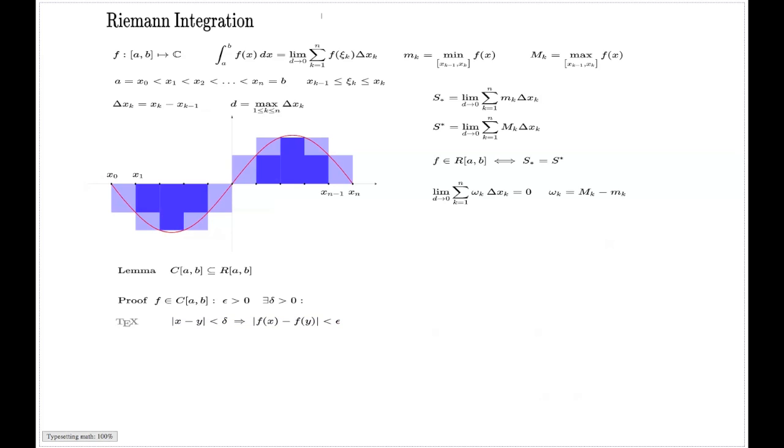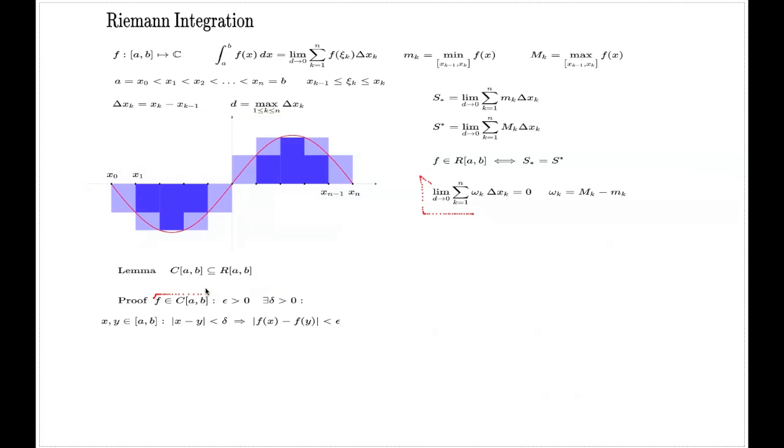Of course, x and y are from the segment [a, b]. This observation is a consequence of the fact that my function is continuous, and it is enough to establish this thing.